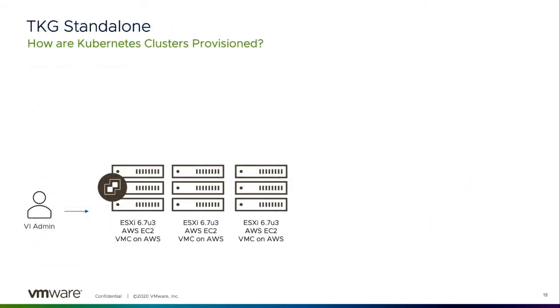From an architectural standpoint, this looks a little different because it doesn't have that deep level of integration with vSphere, and it is deployed on, supported on 6.7 Update 3 or EC2 or VMC on AWS. From an enablement perspective, the VI admin uses the TKG command line tool to start the installation process.